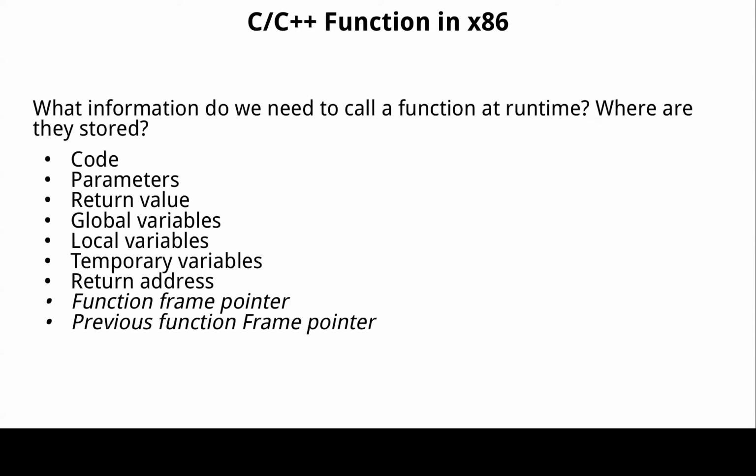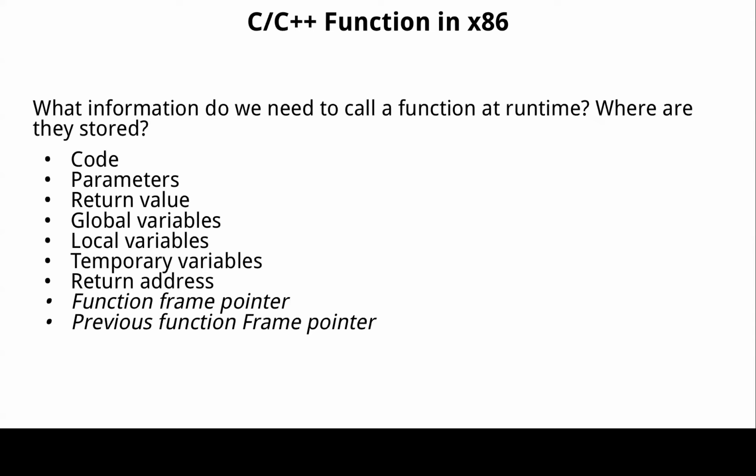Then the function may have one or more return values, and that function may use something called global variables, which means that a global variable can be accessed by that function and also by other functions. Then a function may also have multiple local variables, and those local variables are only accessible by that function. They are only supposed to be accessed by that function. There could be other temp variables, not very important.